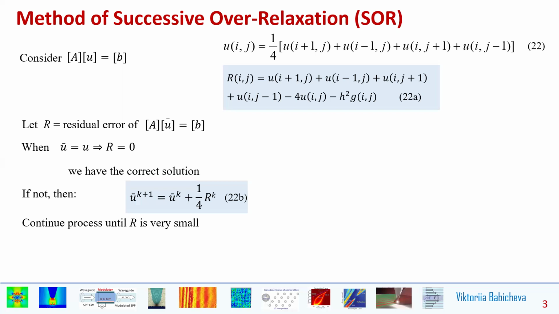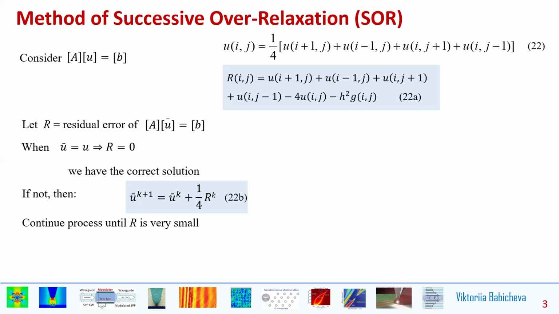Consequently, if we intend to reduce the residual r down to 0, it's necessary to add r over 4 to the function value u computed for this node, which is ij. This operation will result in a proportional change of residual in the adjacent nodes.